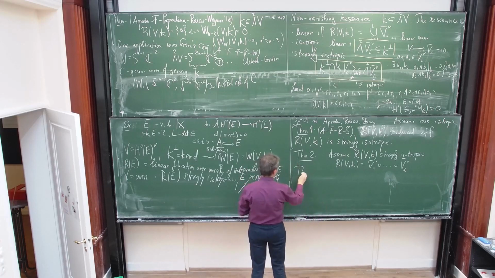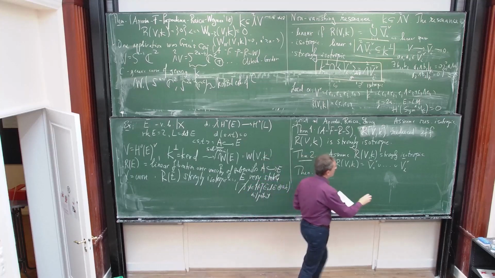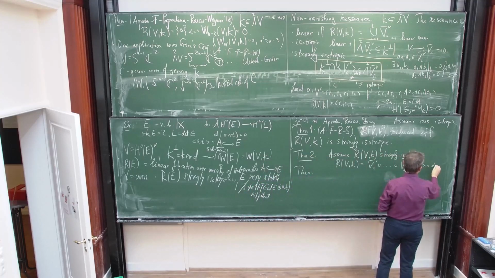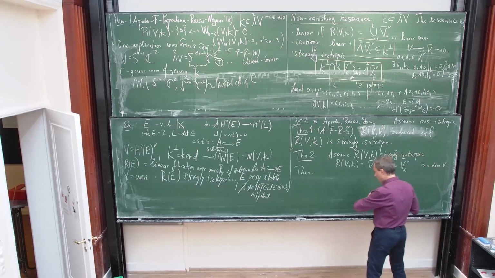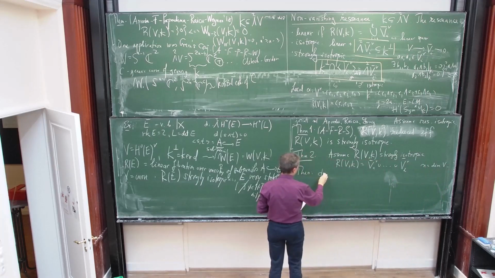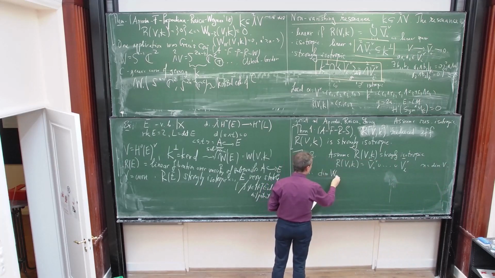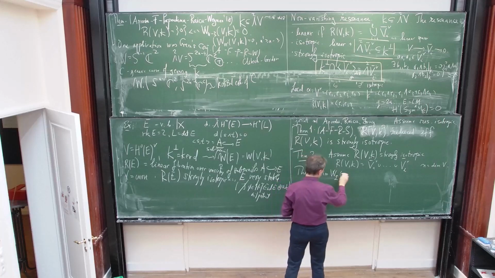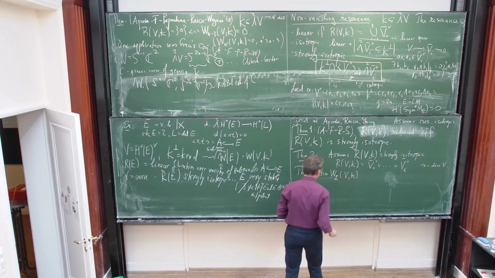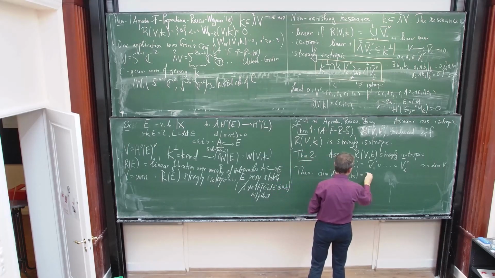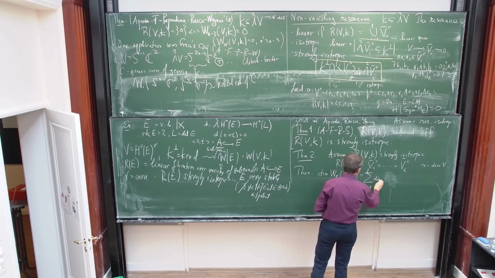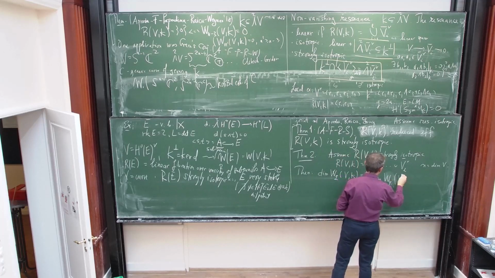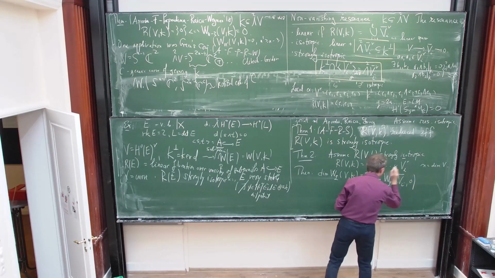Then, where n is the dimension of V, the dimension of WQ of V is basically the sum from 1 to L of the dimension of WQ of Vi and 0.